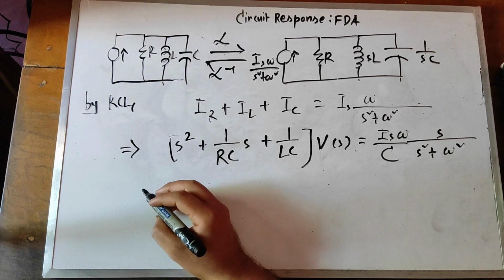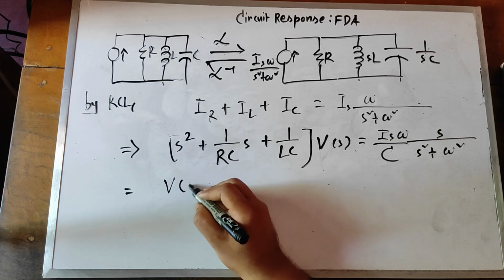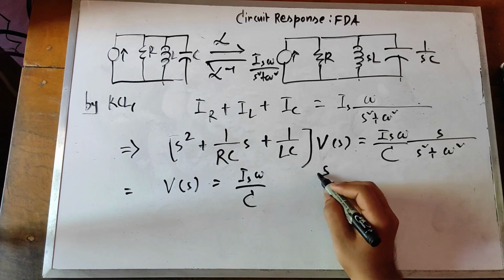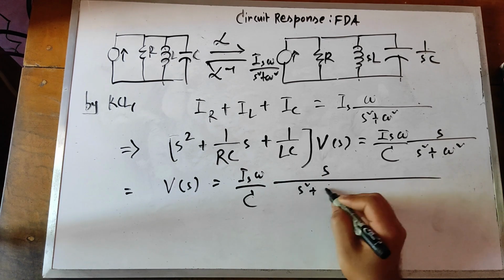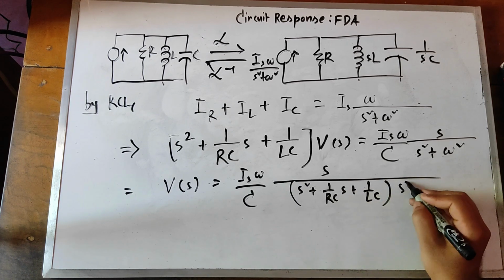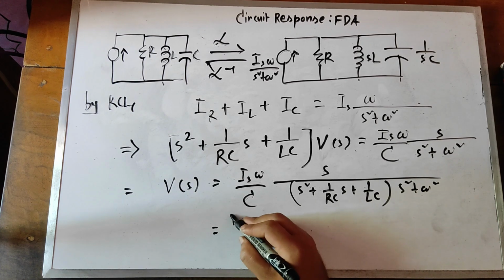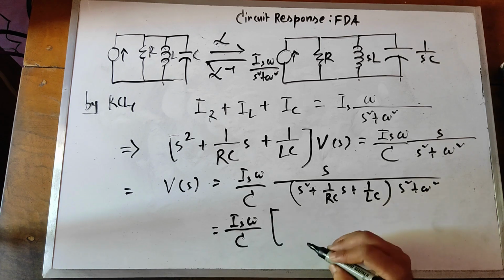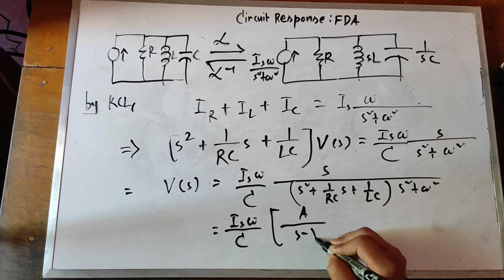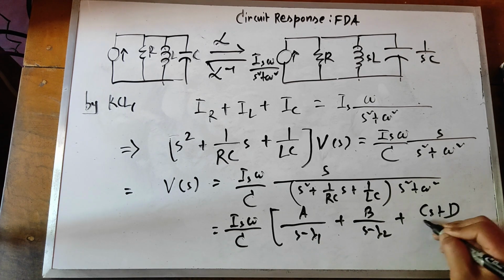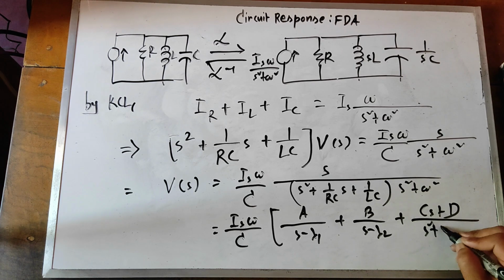So what I have to do is find Is omega by C s by s square plus 1 by RC s plus 1 by LC, times s square plus omega square. And the same way I'm going to decompose this into partial fractions: A by s minus lambda 1 plus B by s minus lambda 2 plus Cs plus D by s square plus omega square.